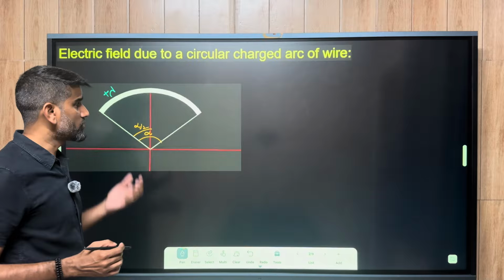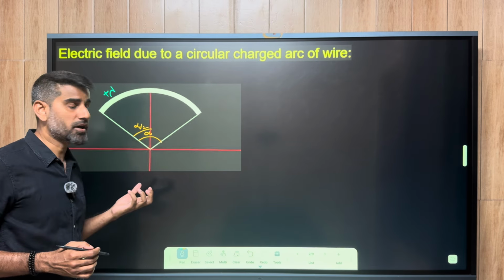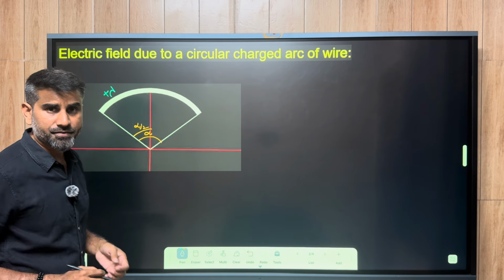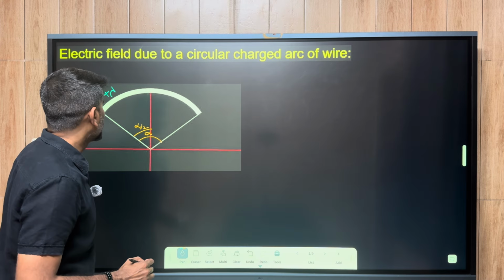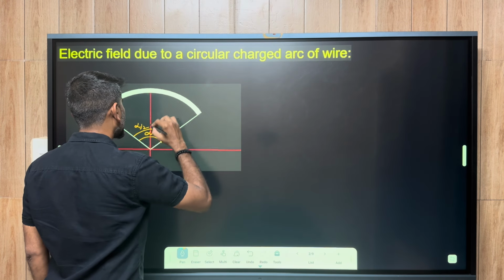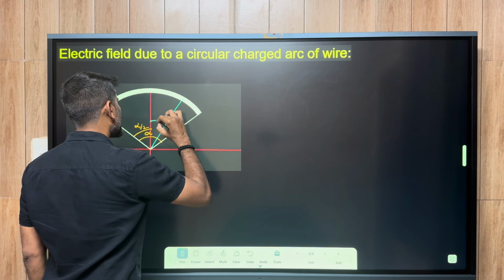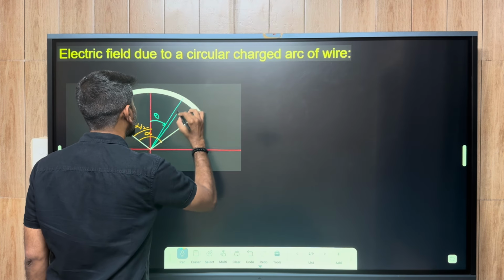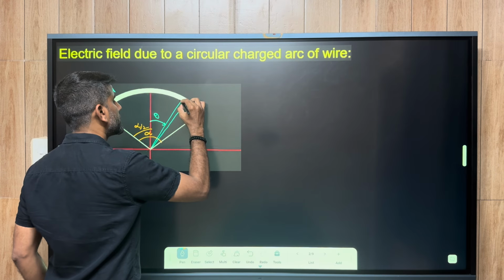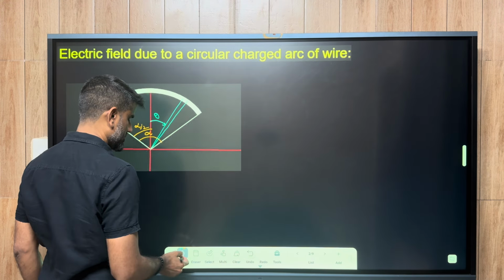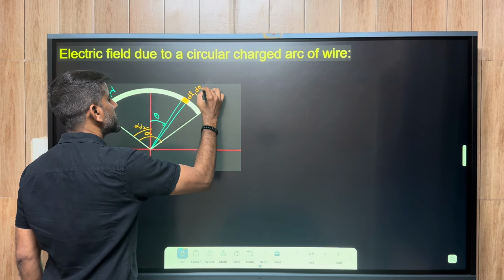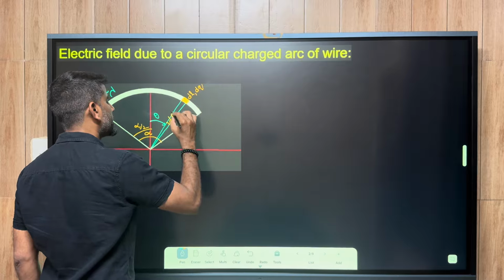Now, like in the earlier case, I'm going to divide this entire circular arc of a ring into tiny pieces. I'm going to consider a tiny piece at an angle theta, and I've considered a small element of length dl and charge dq, and angle d theta.